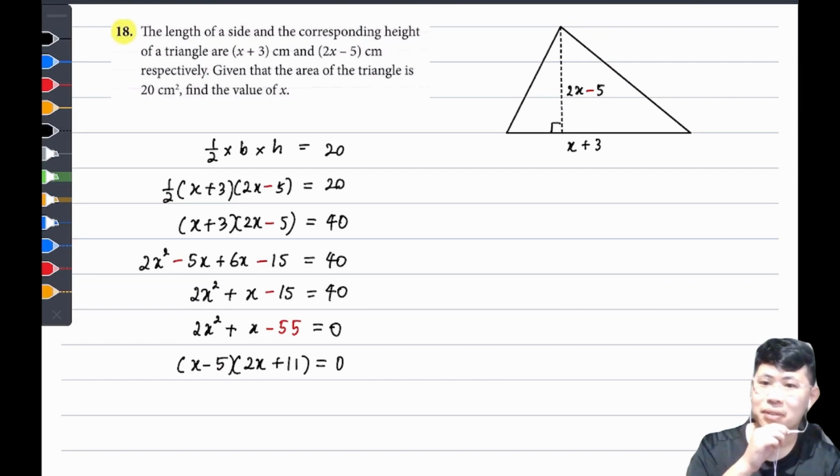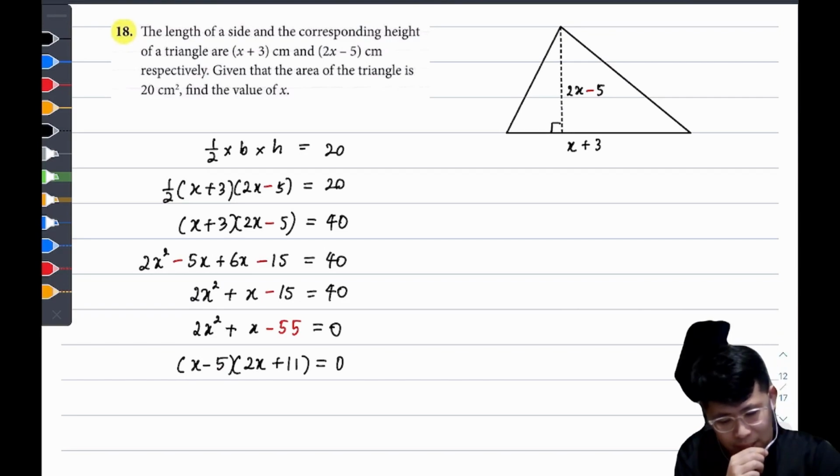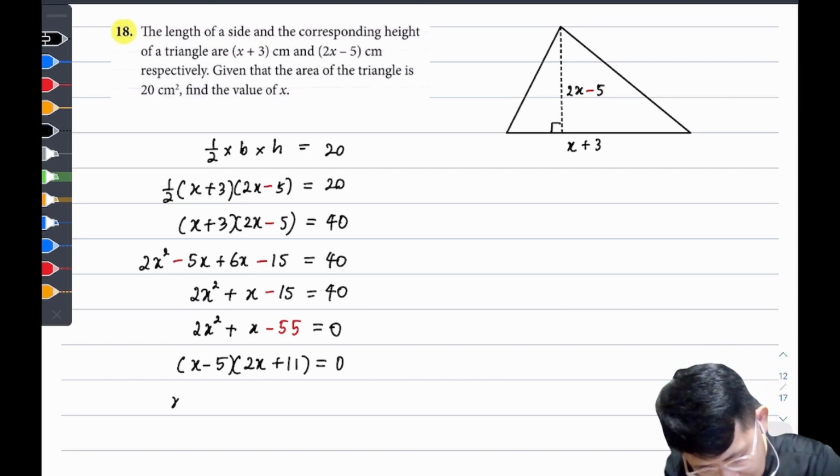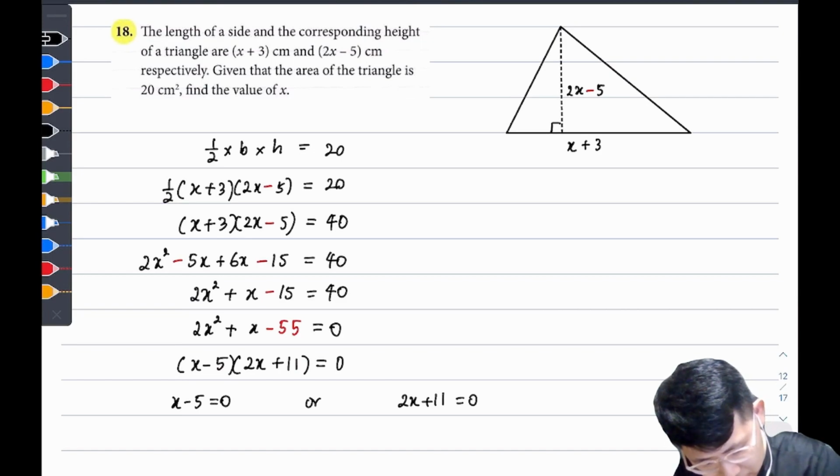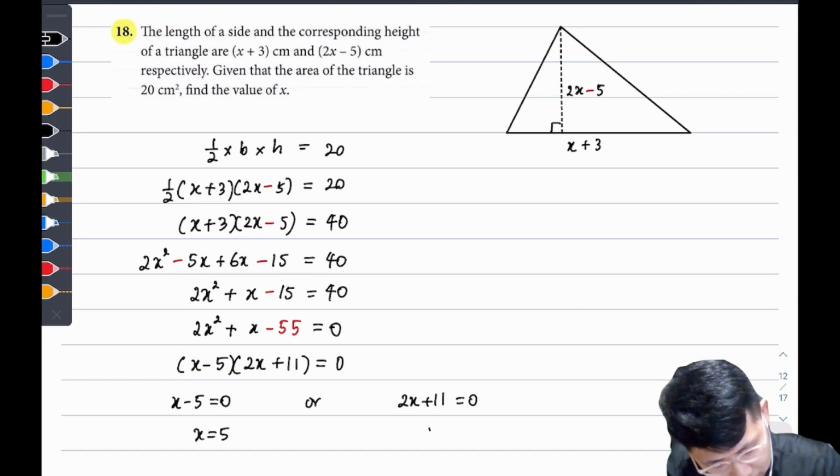Okay, so with this, we have x minus 5 equals to 0, or 2x plus 11 equals to 0. So x is equal to 5. 2x equals to negative 11. x equals to negative 5.5.